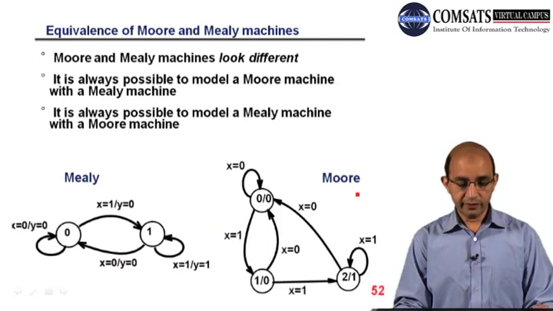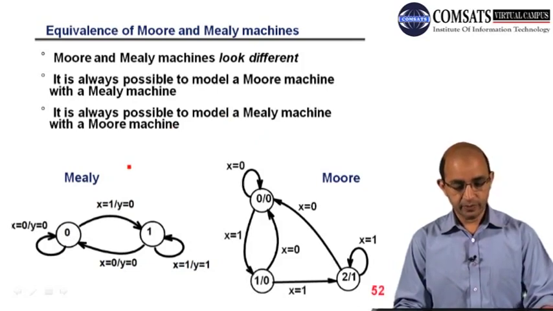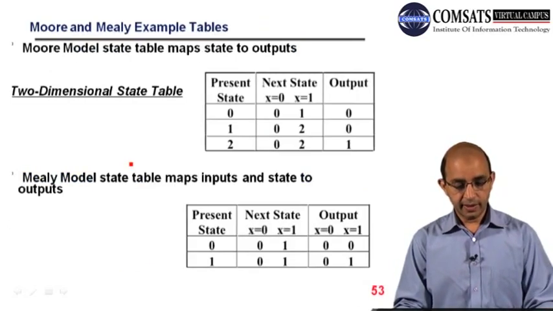We can always have a transformation. So this is the transformation if you want. You can have a Moore model with a Mealy machine, and again you can have a Mealy model with a Moore machine. So you can transform. And here we have the tables mentioning the different models.